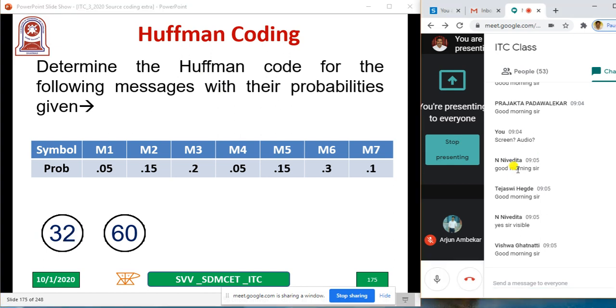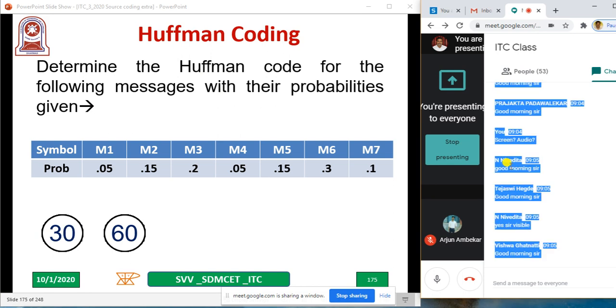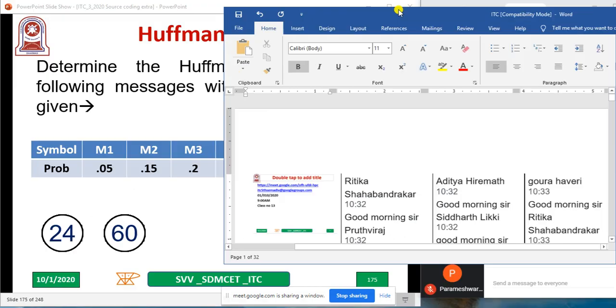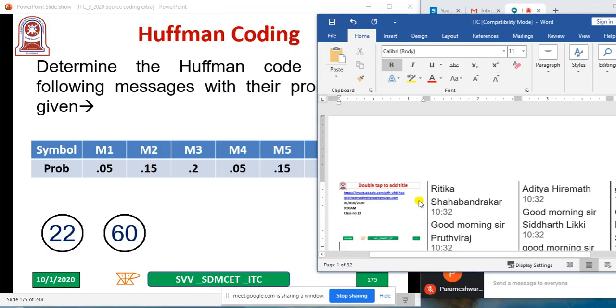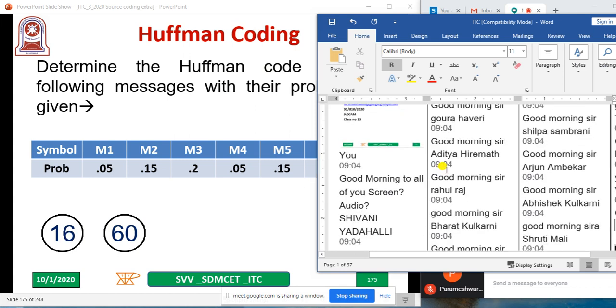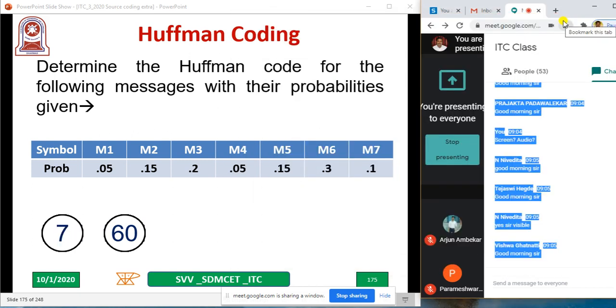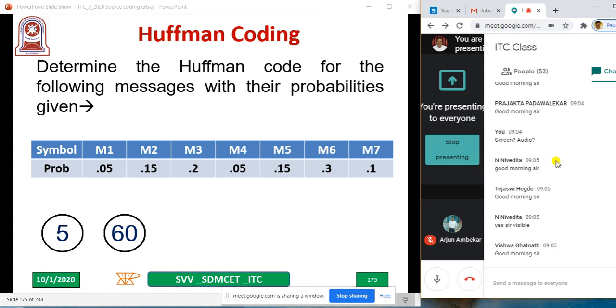Their probabilities are 0.05, 0.15, 0.2, 0.05, 0.15, 0.3, 0.1.